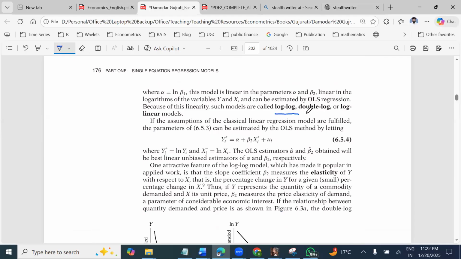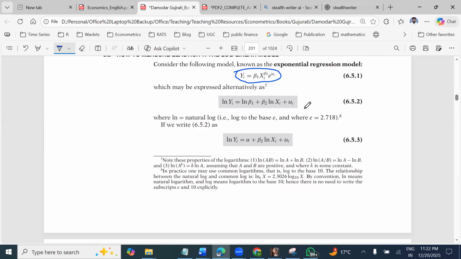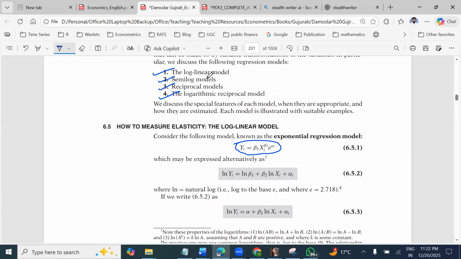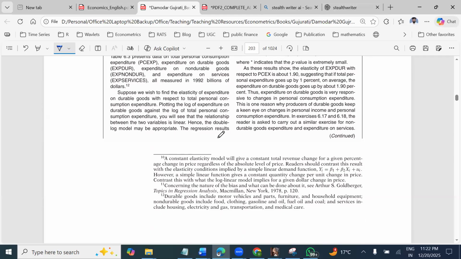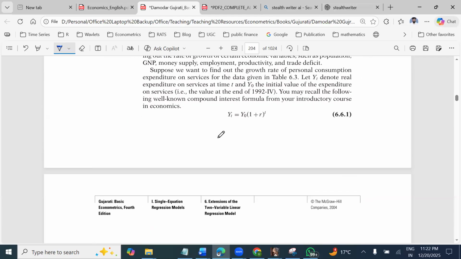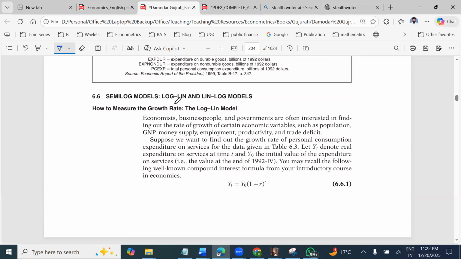You have to know this model, for example the log-linear model and the semi-log model. Sometimes we get confused, but what you have to see is the functional form. There can be two types of semi-log model: the log-lin model and the lin-log model. The log-lin model is basically used to measure the growth rate, like the compound interest rate formula.